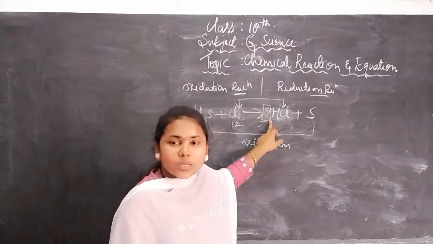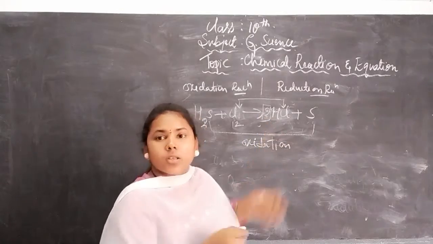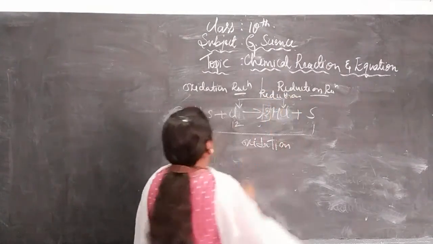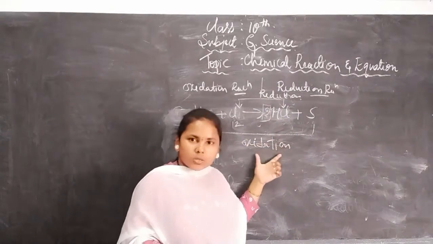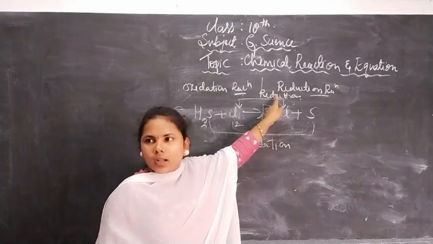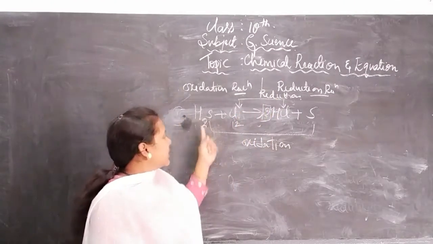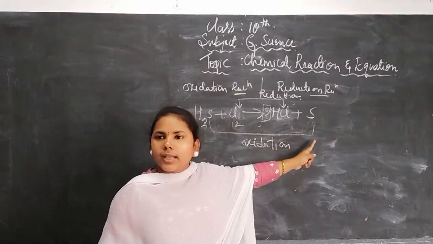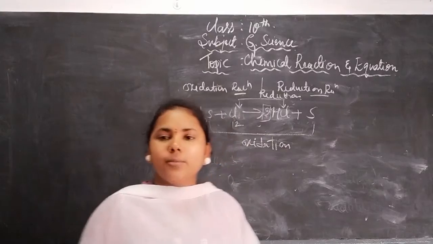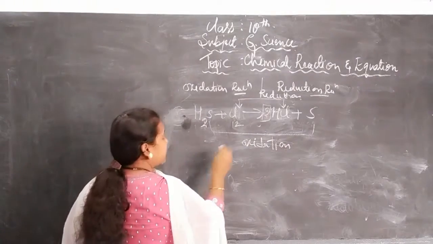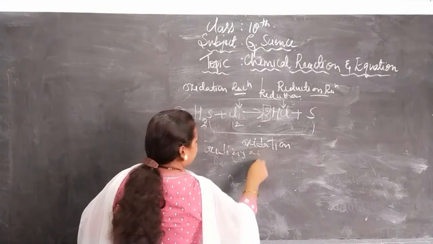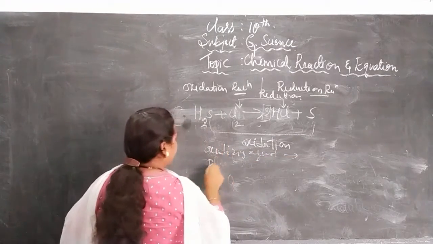The addition of hydrogen, if you have studied, comes under reduction. The addition of hydrogen is called reduction. Understand? As well as the removal of oxygen is called reduction. Now can you identify the oxidizing agent and the reducing agent? The oxidizing agent is, and the reducing agent is.